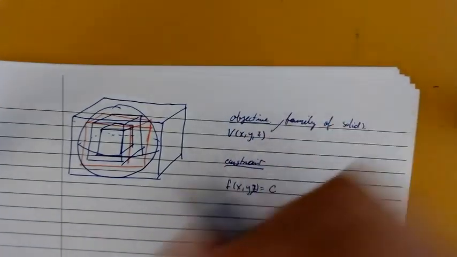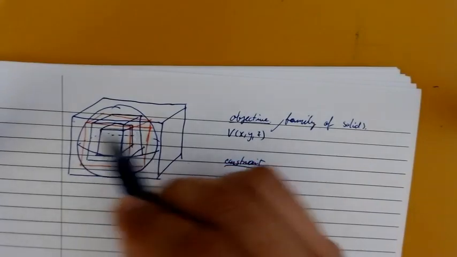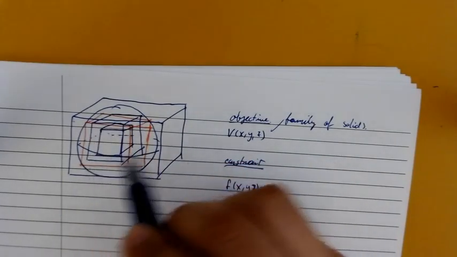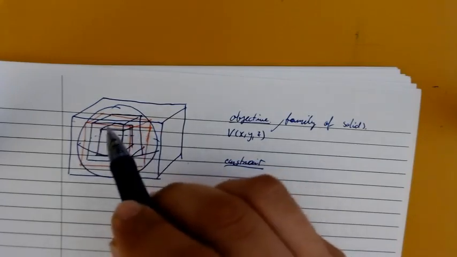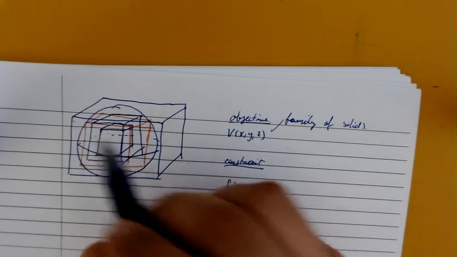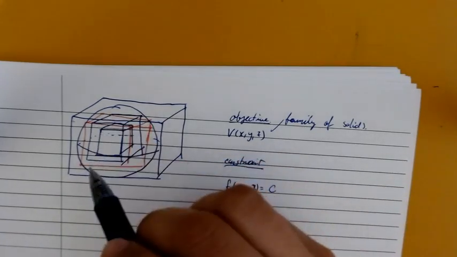But what I'm looking for is one in particular. That would be a level curve, wouldn't it? If I have a bunch of things in a family, a bunch of different functions, but I want one in particular, well, that would be V of x, y, z equal to whatever the volume of this one is in particular.